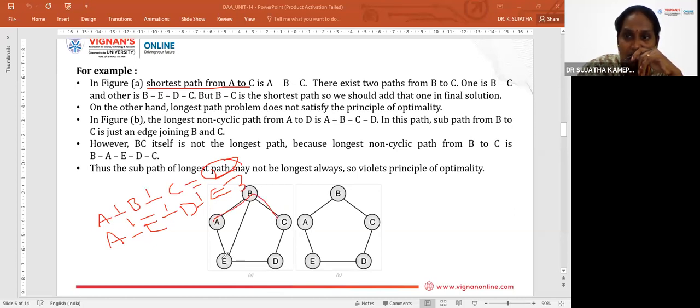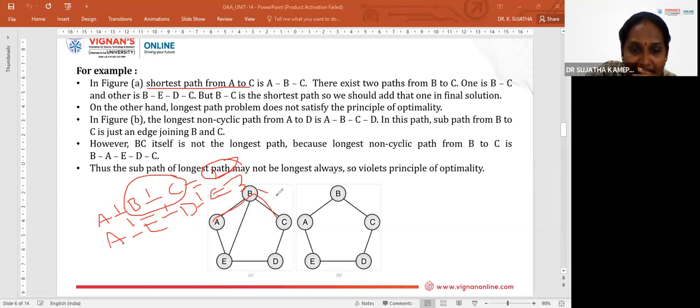Now, I am taking a subpath of this path from A to C. That subpath is B to C. What is the shortest path from B to C?